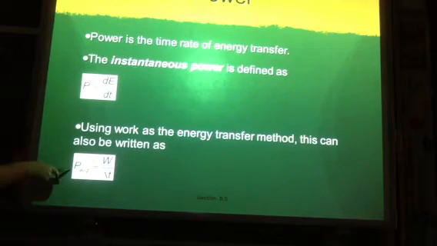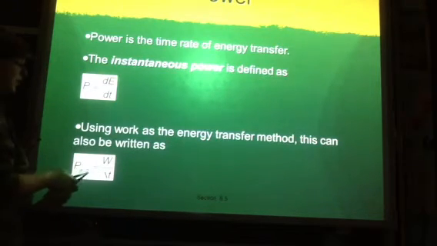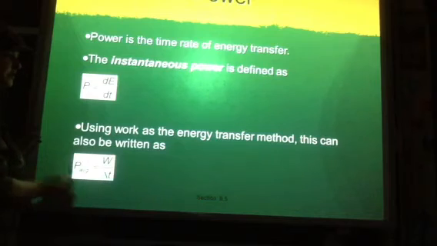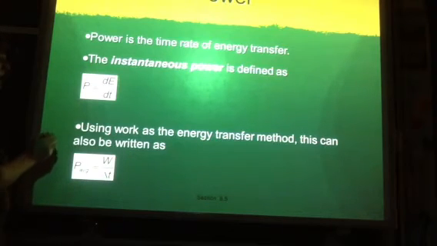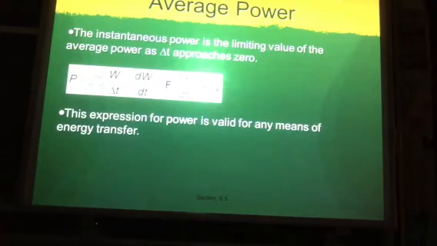If we think about it in terms of work, the average power is equivalent to work over the change in time. Continuing on with instantaneous power, the instantaneous power is the limiting value of the average power as the time approaches 0.